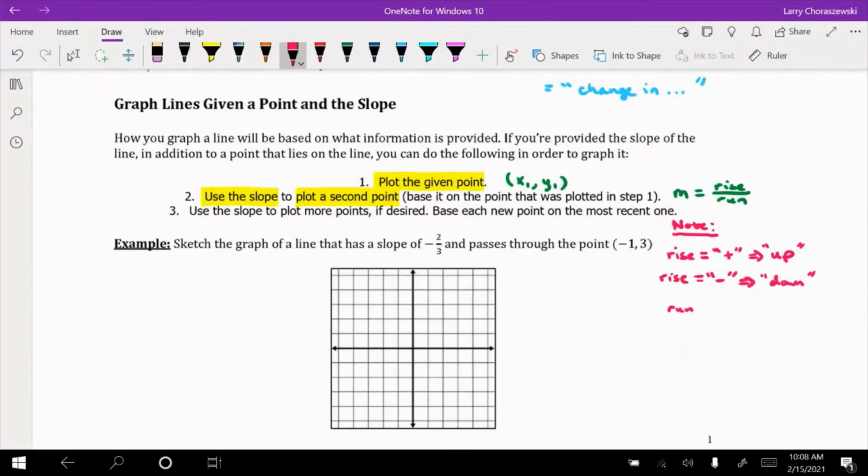The run could be positive or negative. And if the run is positive, anybody know what direction that tells us to go into? Go to the right. Yep, that's right. Whereas if the run is negative, that would tell us to move left.